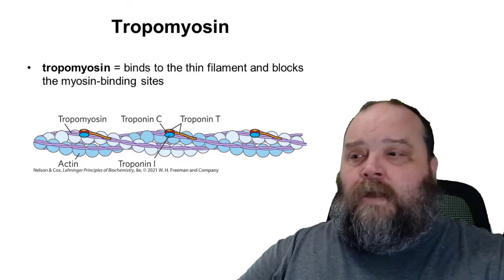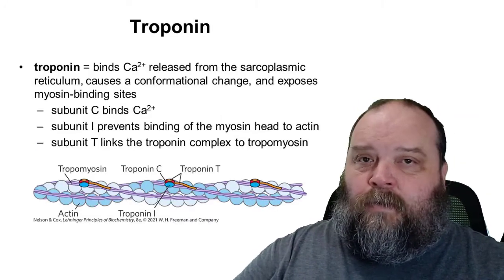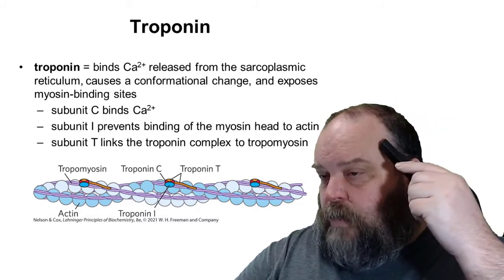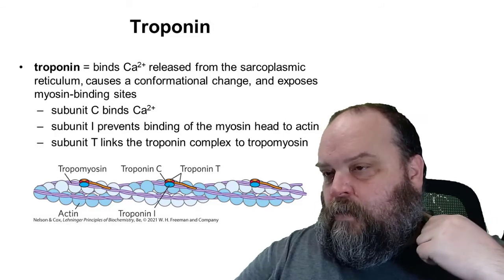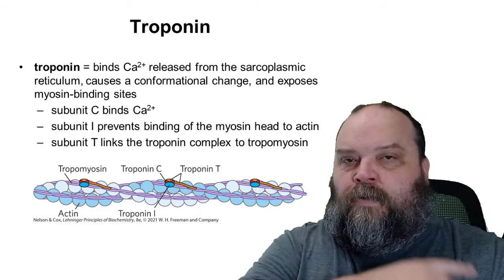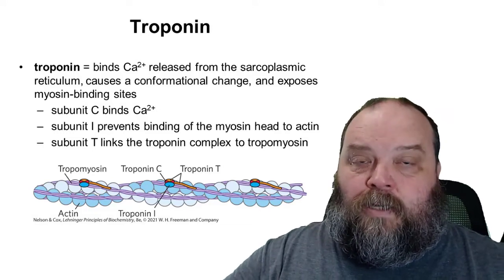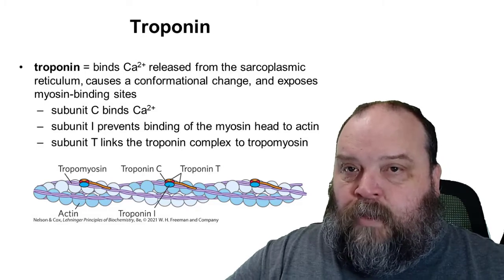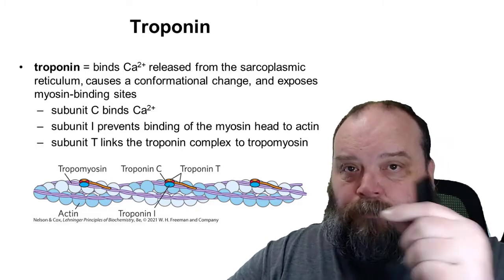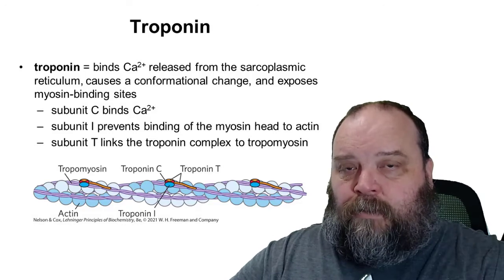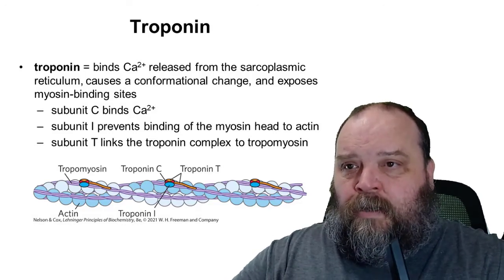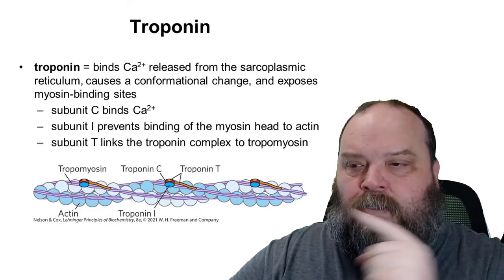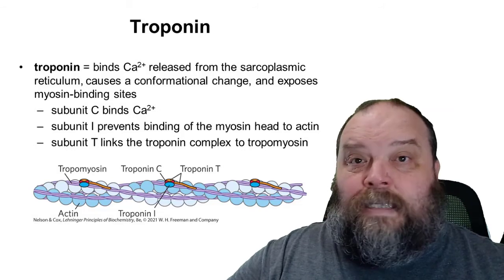Now, where's that calcium coming from? Well, it turns out that calcium is being released by the sarcoplasmic reticulum. Signal from the brain travels down the spine, jumps central to peripheral, peripheral down to the neuromuscular junction of whatever muscle you want to contract. That signal jumps from the nerve to the muscle over that synapse, but instead of causing contraction, no. What it does is it tells the sarcoplasmic reticulum to release all of its calcium.